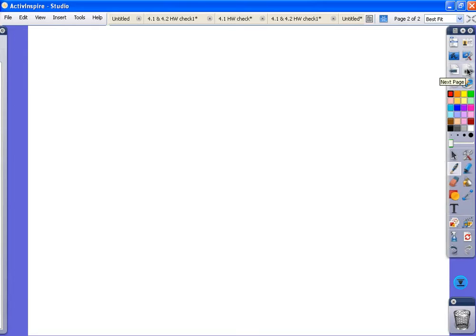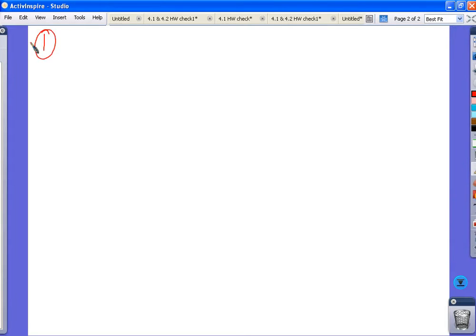Do an example number 1. So you can see the table.